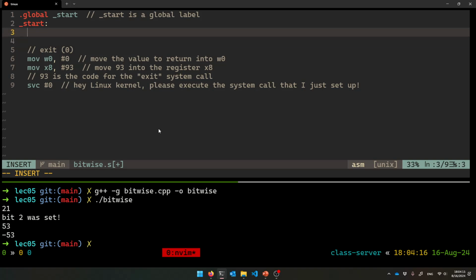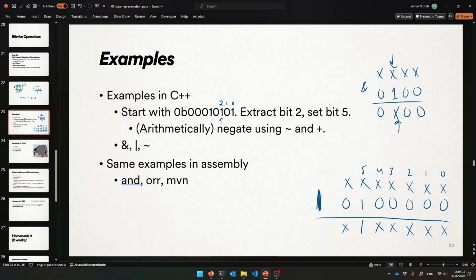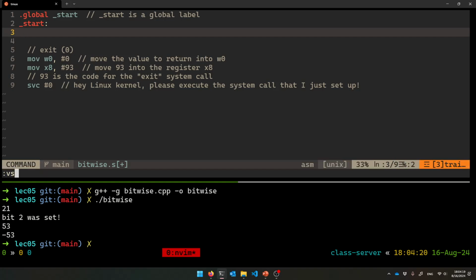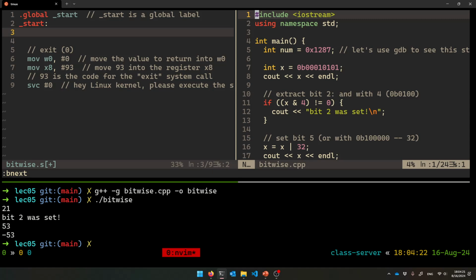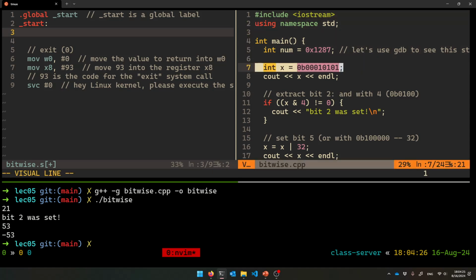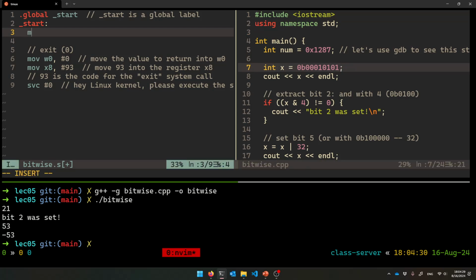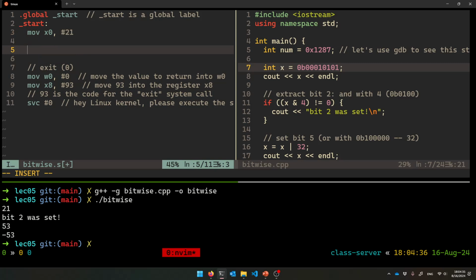And yeah, so let's do exactly kind of what we did in C++. We started with this number, which was 21. So let's get that in a register. I'll move into x0 the number 21, and let's extract bit 2 into x1, let's say.